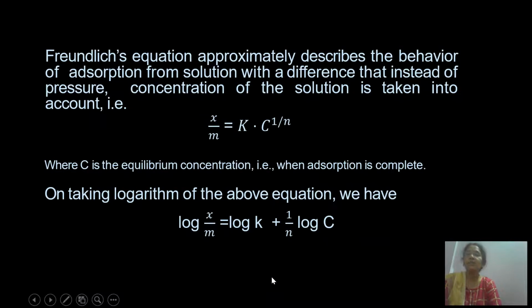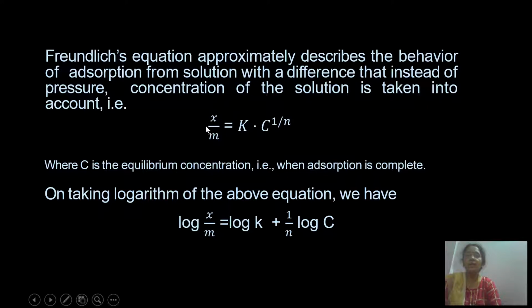Freundlich's adsorption isotherm describes the behavior of adsorption from solution, with the difference that instead of pressure, we use the concentration of the solution. So x/m = K c^(1/n), where c is the equilibrium concentration when adsorption is completed.